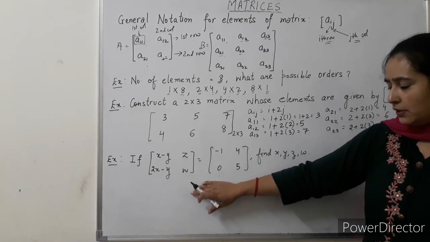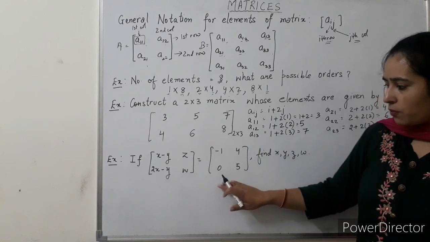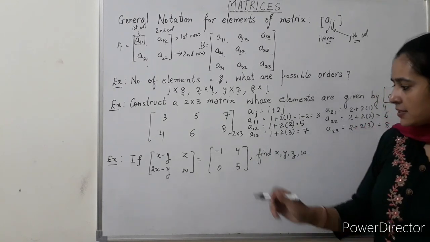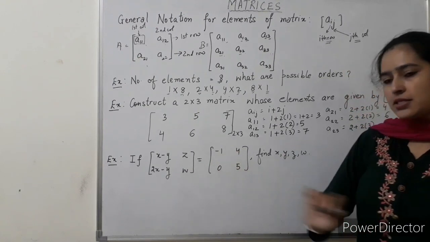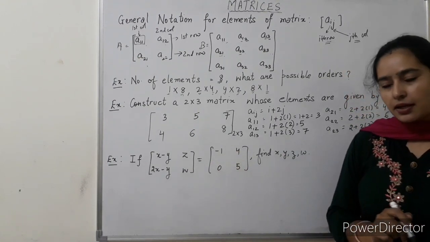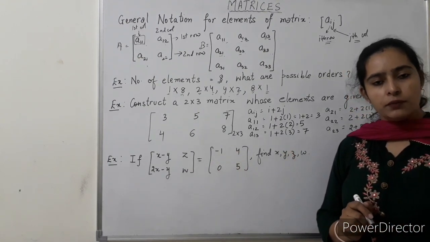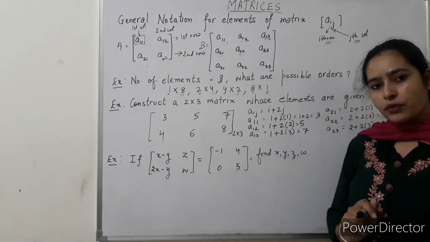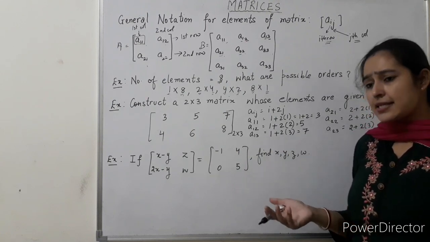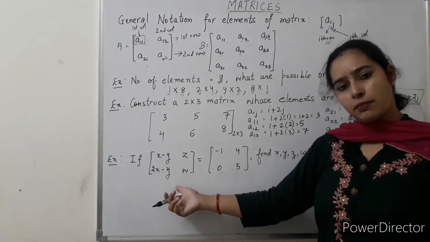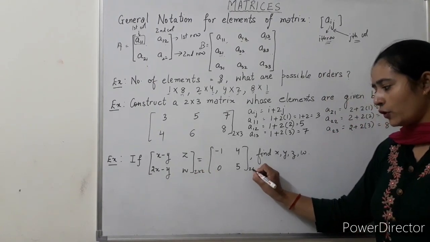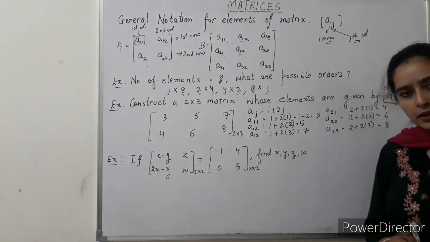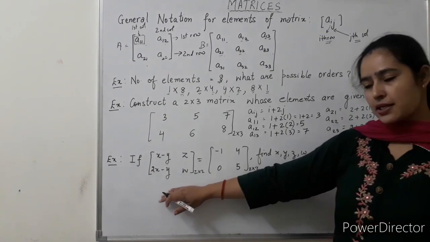Next is example. We are given two matrices and there is sign of equality in between these matrices. That means these matrices are equal. First of all, we can clearly see that order is same. This matrix is of order 2 by 2 and this matrix is also of order 2 by 2. That means first condition is satisfied.